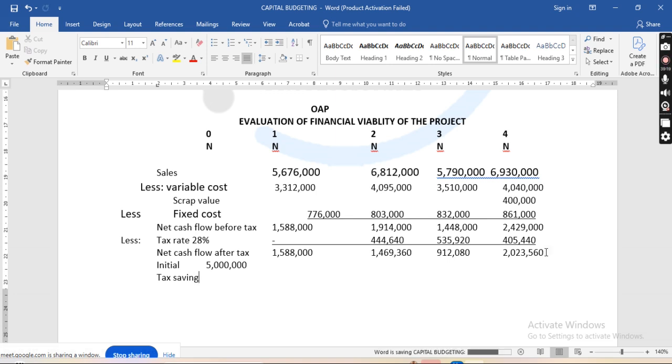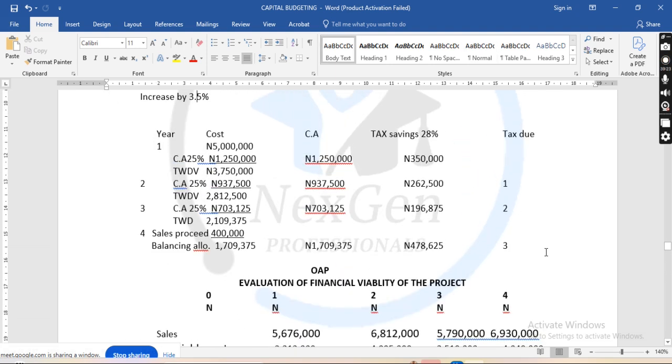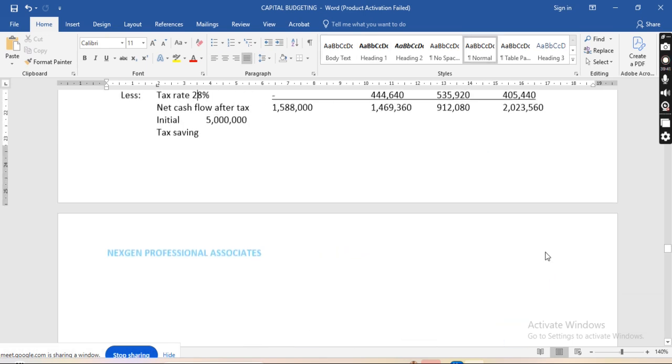So now let's quickly check. Please screenshot this tax savings: 350,262,500, 196,875. Have you done that? Okay. Now let's move on. Thank you.